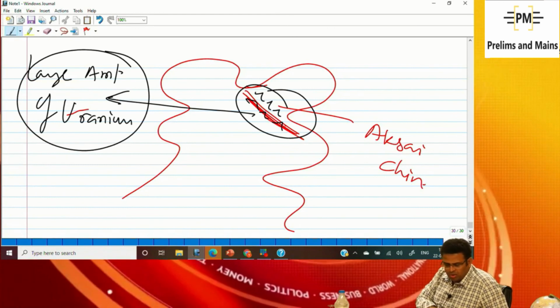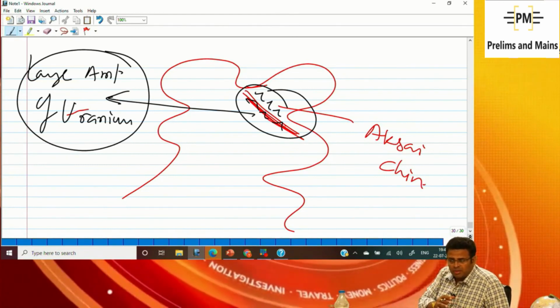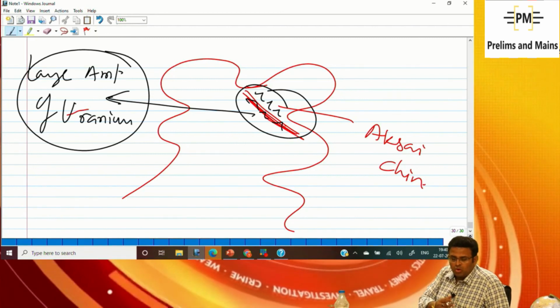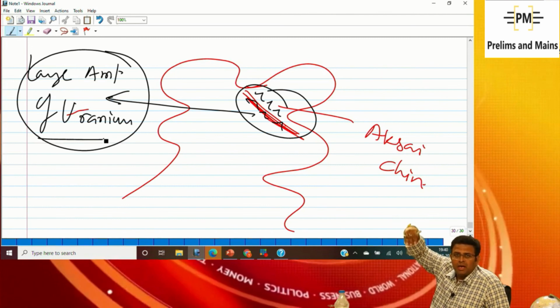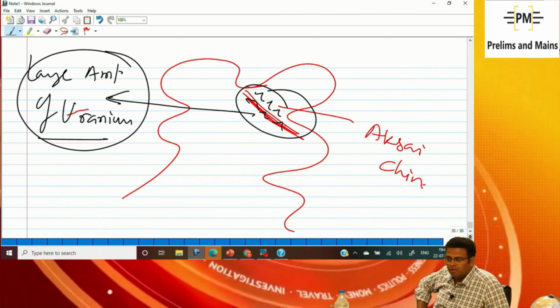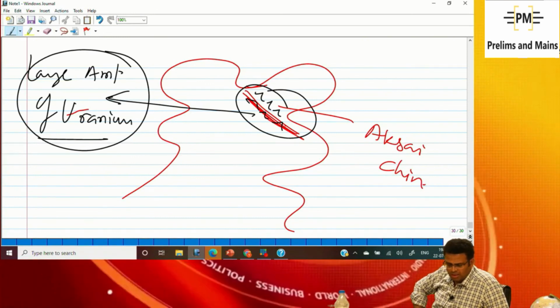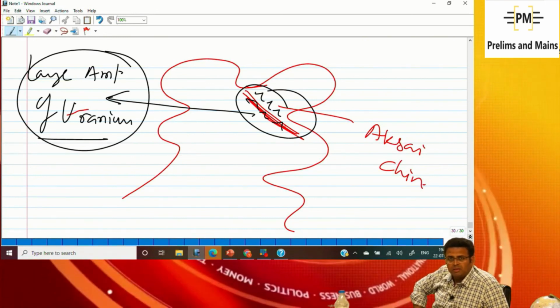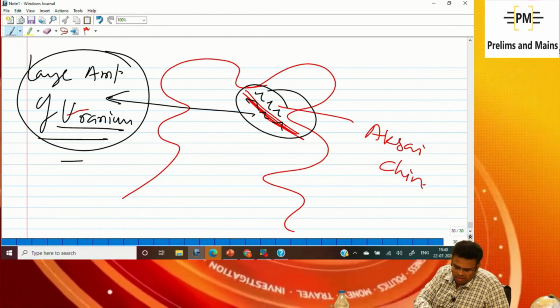There is a large amount of uranium in the Galwan Valley region, and ahead of it there are mountain ranges. You know how our satellites can find minerals with the help of the Indian Remote Sensing satellite, IRS, which I taught you. They found some minerals below, a large amount of uranium plus gold.